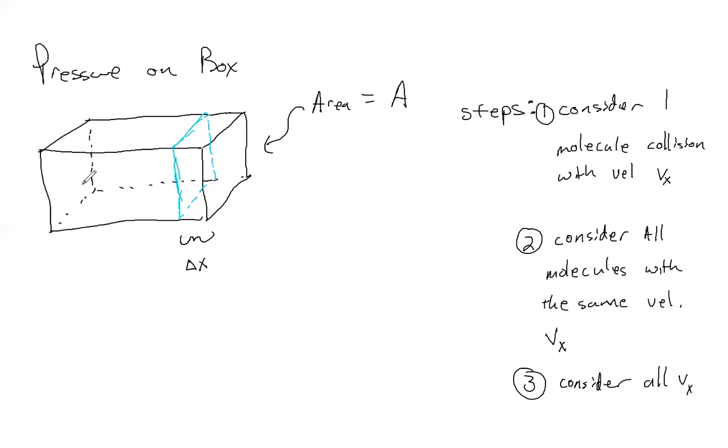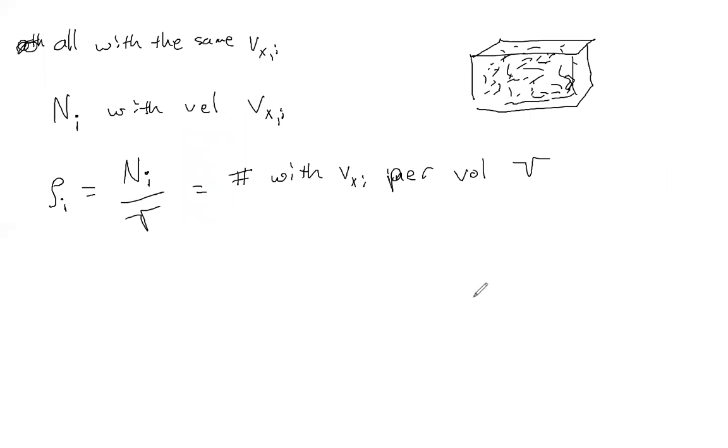There could be a particle over here with the same velocity moving to the right, but in time delta t, it'll never reach the wall and therefore cannot contribute to the pressure. So the question is, how many collisions are there?